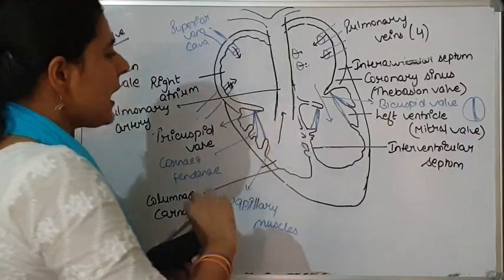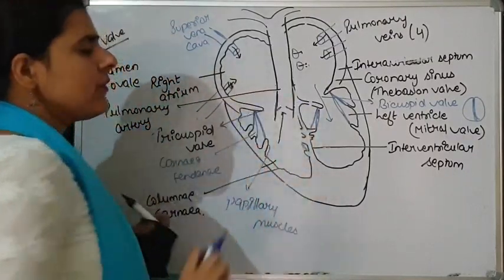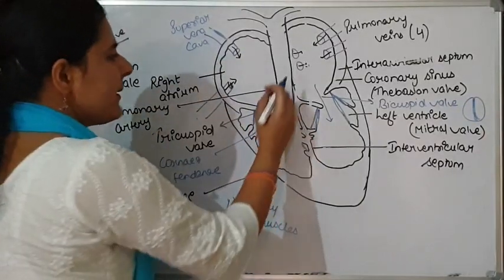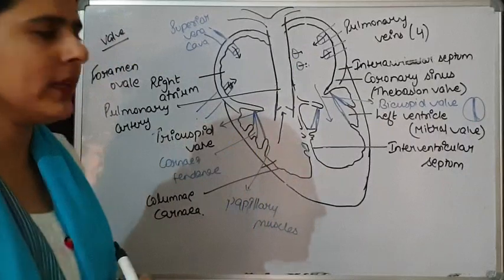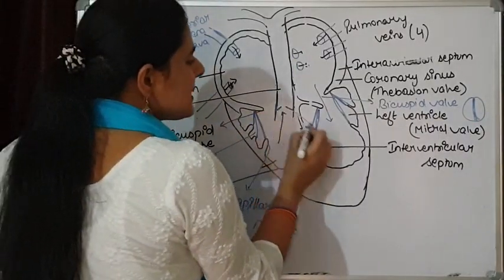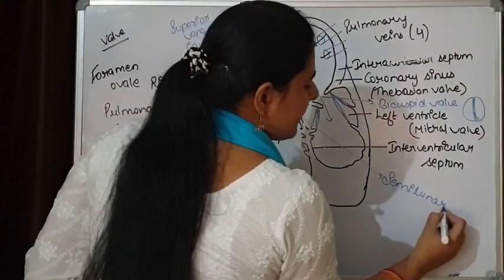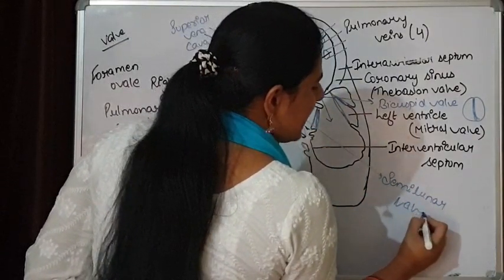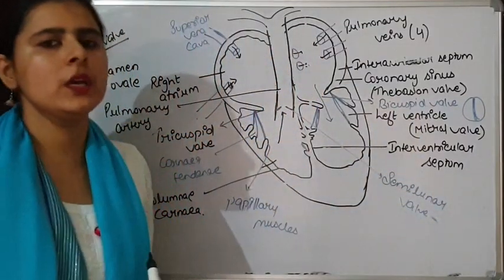This pulmonary artery is also supported by a valve. A valve is present here which is preventing the backflow of the blood from artery into the ventricles. And the valve which is present over here is known as semilunar valve present in pulmonary artery. So it is pulmonary semilunar valve.